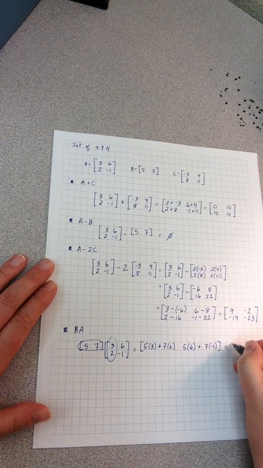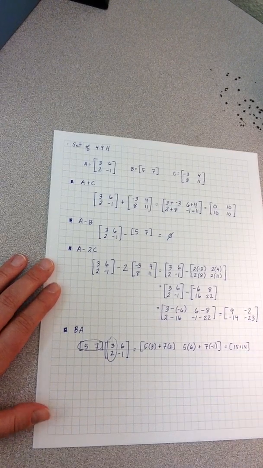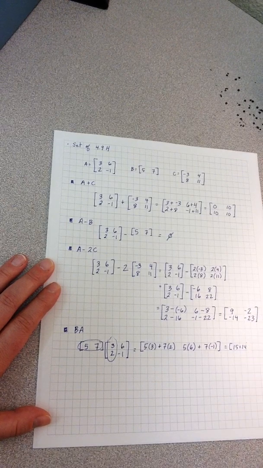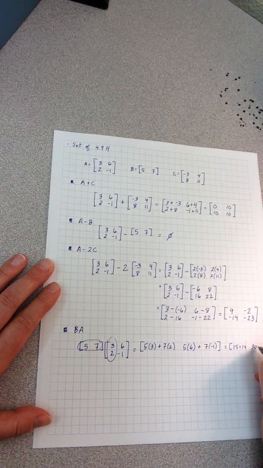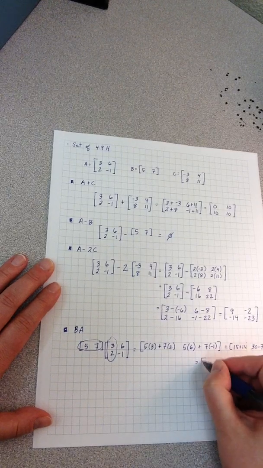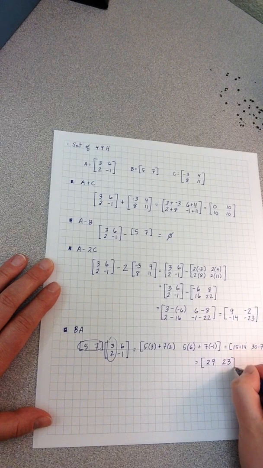And then we simplify. 15 plus 14, and 30 minus 7. So then my final answer is 29, 23.